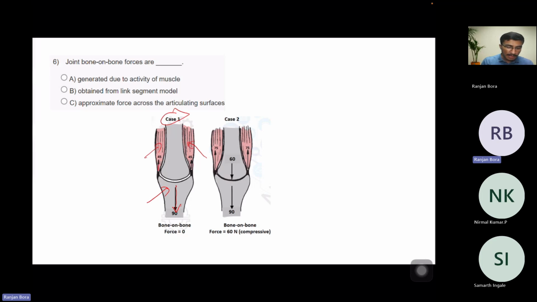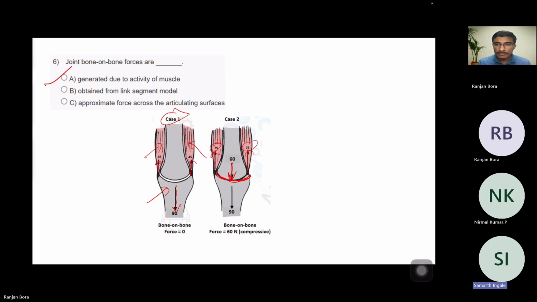So they are producing 45 in both the muscles in the upward side. But when the muscles are excited, they are producing 75, greater than the 45. So to balance out the additional 60 Newton, there will be one force that will act on this bone on bone contact. So it is generated because of the activity of the muscle.